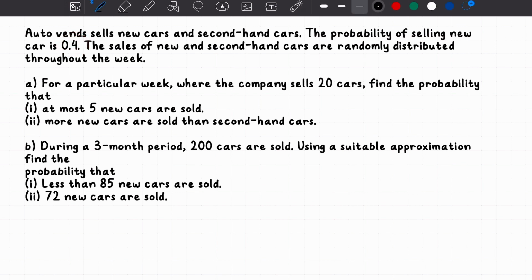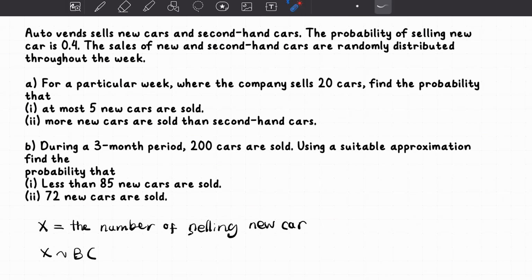So our X, which is the random variable, describes the number of new cars sold, where the distribution is binomial with n is 20 and p is 0.4. The probability of selling a new car, and the variable must also describe selling new cars, so the probability is 0.4.